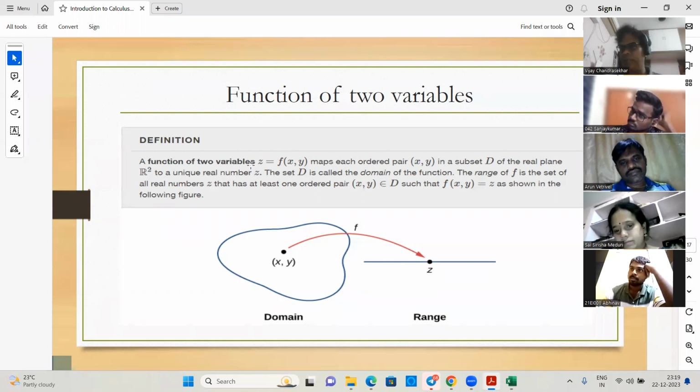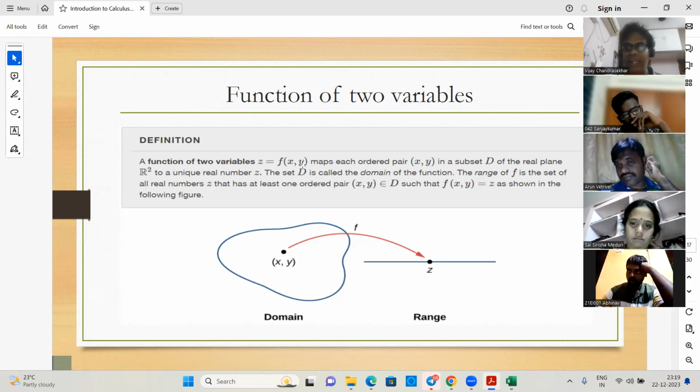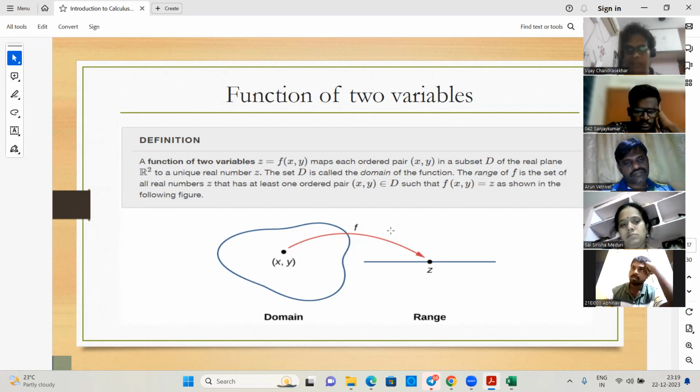That's perfectly fine. But it will be only one number. So z would lie on the real line. It's R. So the range of f is the set of all real numbers. Is that clear?